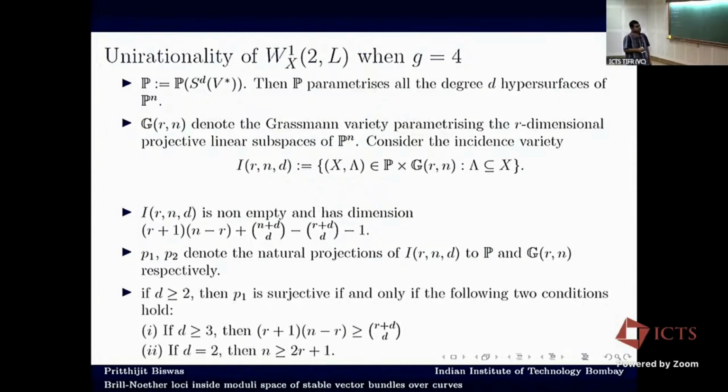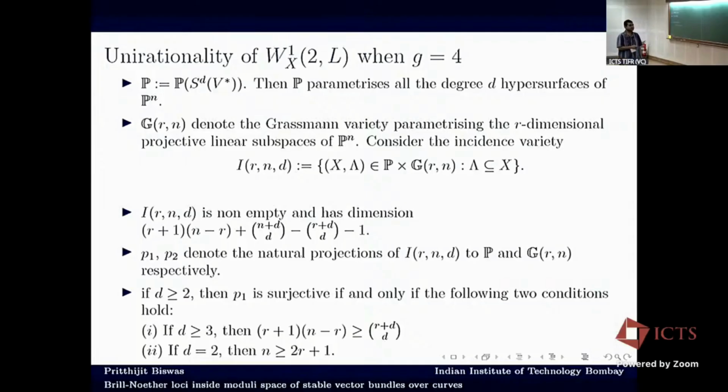So under these conditions, P1 will be surjective. Now, what these conditions are is not important. The fact that P1 is surjective says that you take any degree d hypersurface, then there is an r-dimensional projective linear subspace which is contained entirely inside that hypersurface.